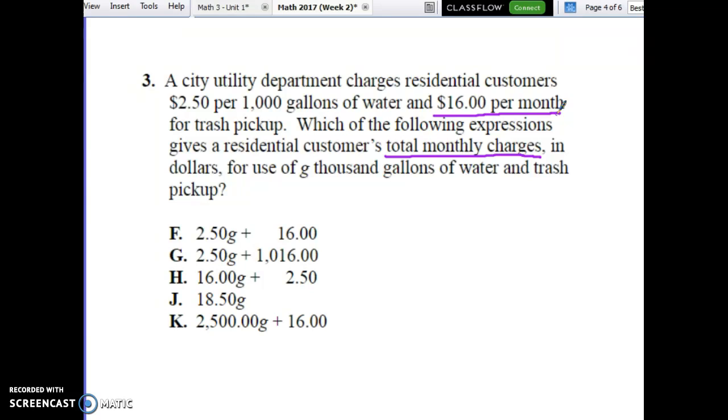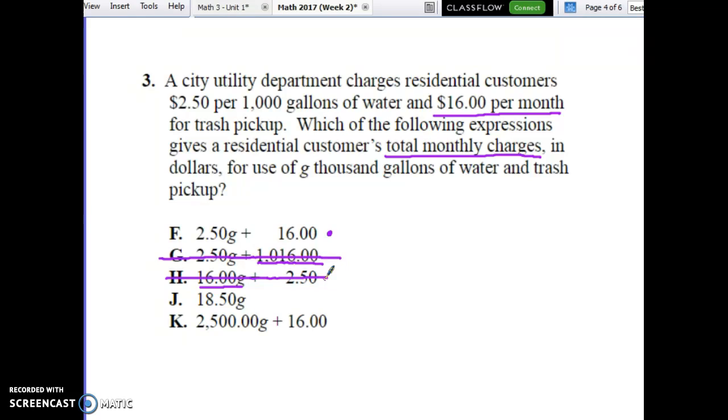So as I'm looking at my answer choices, I see that F has a $16 charge. With G, I've got the $16 that's within the $1,016, so I don't think that's going to be my answer choice. On H, the 16 is multiplying the number of thousands of gallons of water, so that's not going to be my answer choice.